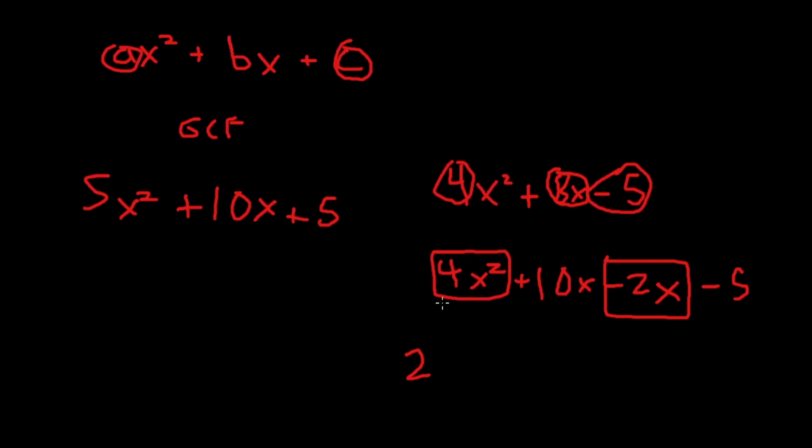The greatest common factor between 4x squared and negative 2x is actually 2x. And 4x squared divided by 2x is 2x again. Negative 2x divided by 2x is negative 1. So now we have our other two terms here, which I'll circle.